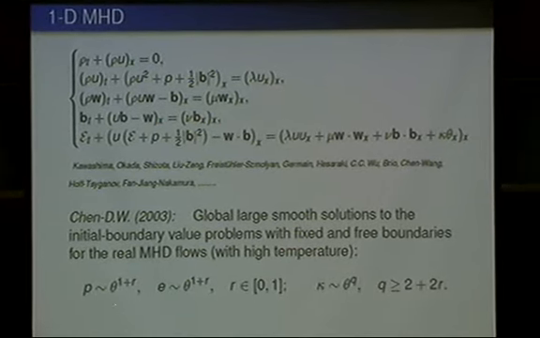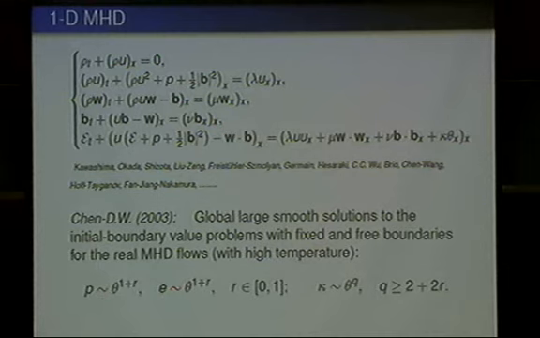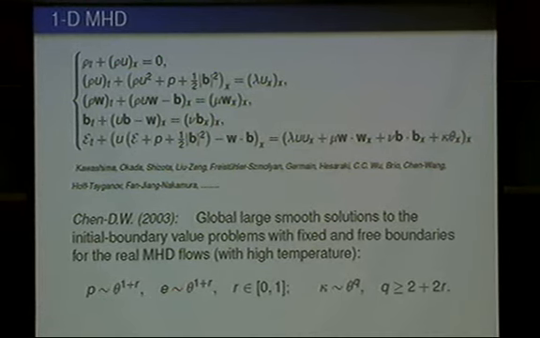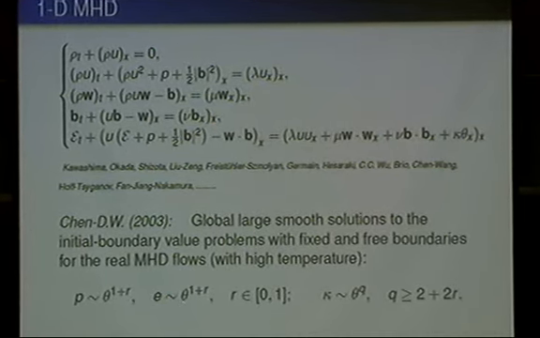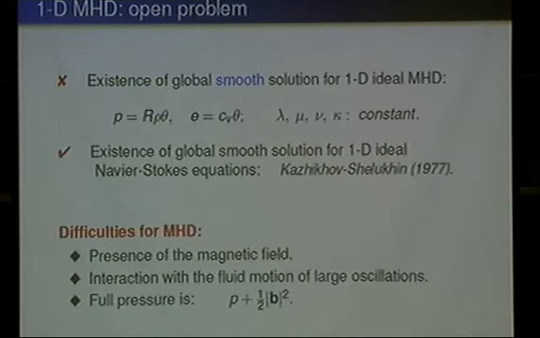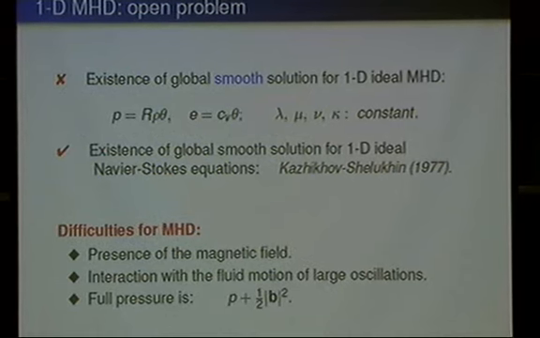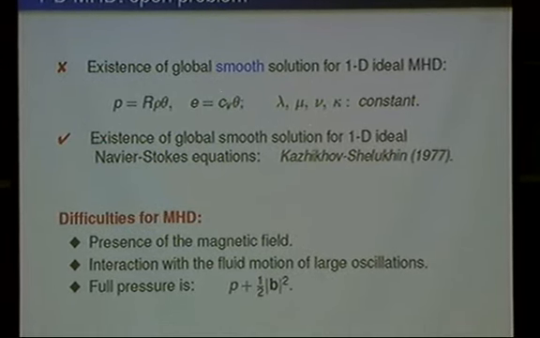If temperature is high, you have this pressure, and internal energy goes in this pattern with certain temperature. Okay, so in this high temperature case, you can prove the global existence. But of course, for the MHD, you can consider this case, right?